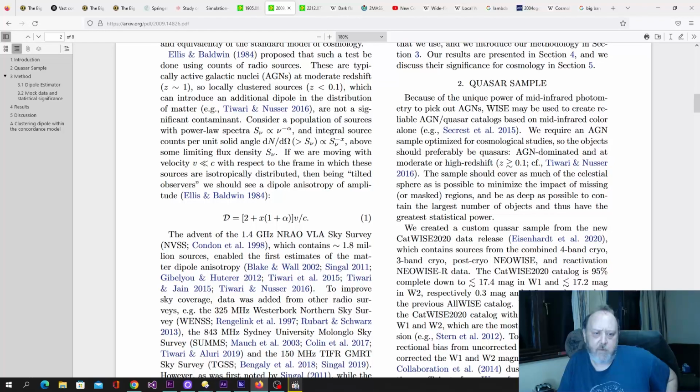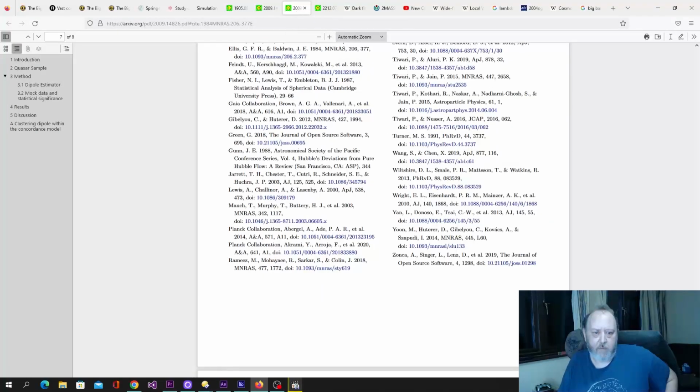We're moving with velocity v strictly less than the speed of light with respect to the frame in which these sources are isotropically distributed, then being tilted, we should see a dipole anisotropy of amplitude... So this is where this work is being referenced from.